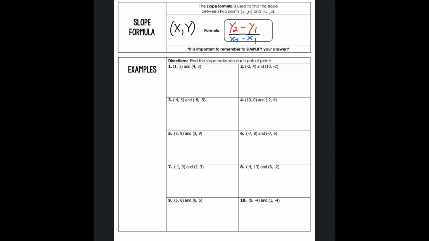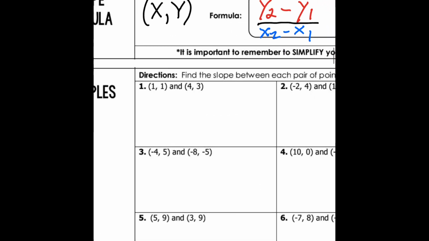For me, the easiest way to do this is to just go through and label my x's and y's first. I'm just going to tell myself the first point is always an x, the second point is always a y. So I have an x and a y.